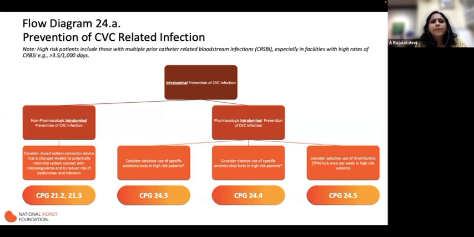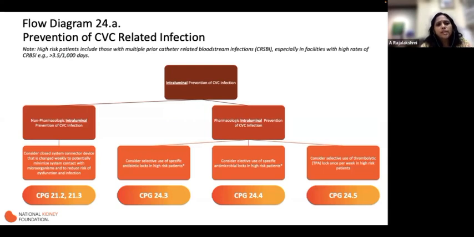So prevention of catheter-related infection, this is again a flow chart. There is something called intraluminal prevention of CVC infection and extraluminal, nothing but how different factors can play. So intraluminal, you can look at the non-pharmacological interventions in preventing CVC infection.